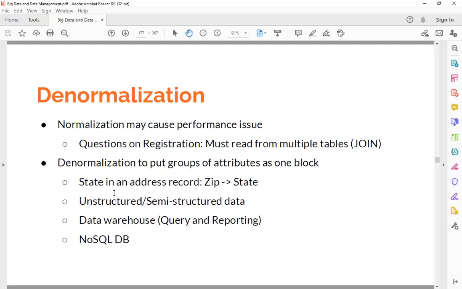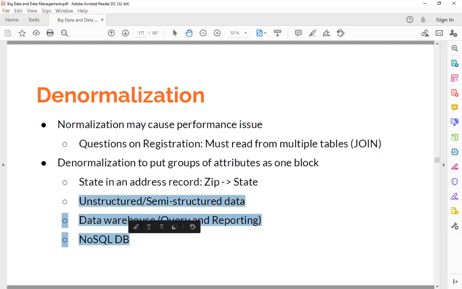But before that, other than this zip state code exception, and before we talk about unstructured data and the data warehouse, we will still do everything to third normal form, because in most cases, 99% or 95% of the cases, third normal form is still the best approach, the best model that will fit into real world examples, all right?